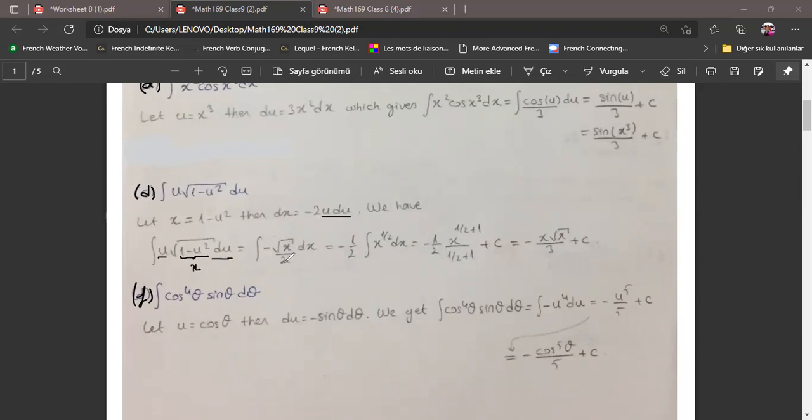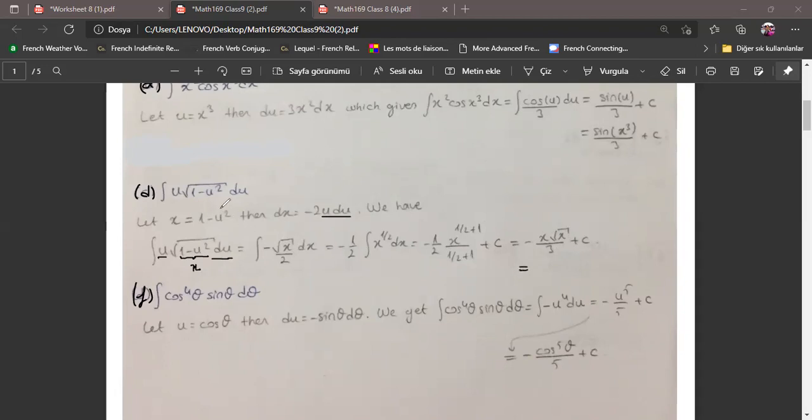Now we can write this minus 1 over 2 outside of the integral. It doesn't depend on x. We have here inside x to the 1 over 2, and you know how to find the integral of that. Just add 1 to the power and divide it by its power, so we get this, okay? And here you see I made a mistake there.